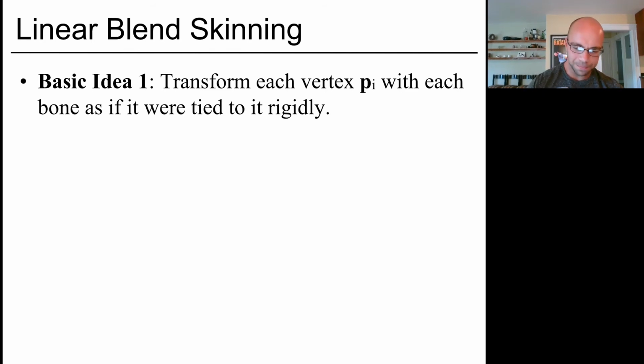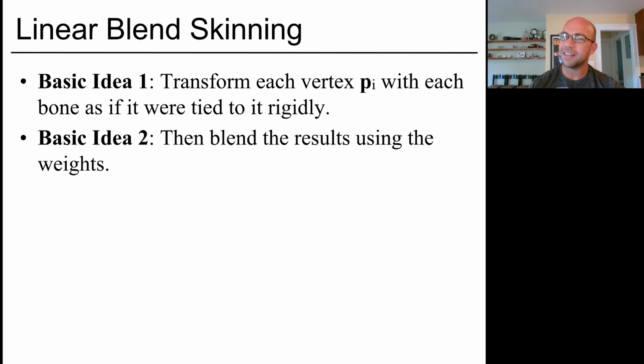So for example, if I know that wij equals 1, well, what's going on is that I'd take the jth transformation applied to pi, and that's going to be the output for that particular vertex, right? Because that's the one that's moving.